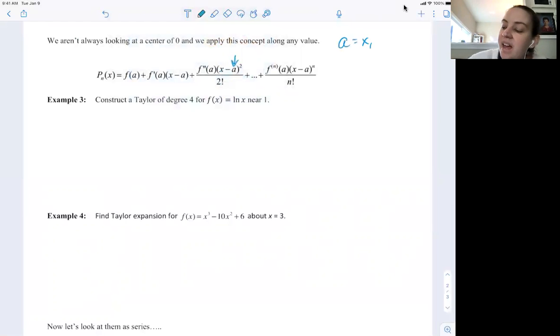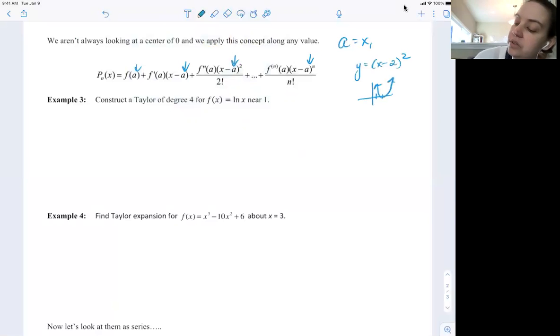So what you have is this horizontal shift, this x minus a that's in there. And really, you've already looked at this, especially in Algebra 2. You did a lot of it. If you had y equals x minus 2 squared, well, I know that that's a parabola that's shifted right 2 and opens up. So it's really the same idea.